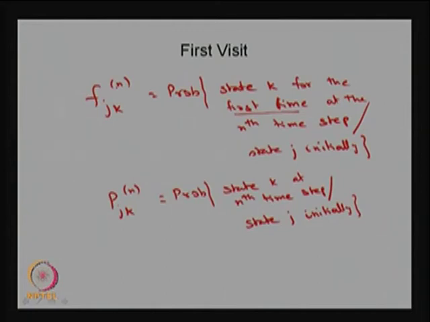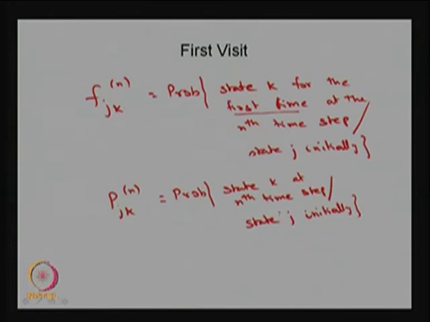Therefore, the f probability is the first-time conditional probability, and the p probability is not necessarily the first time. I can relate the f suffix j comma k with the p suffix j comma k, both are n step transition probabilities, but one is for the first time, the other one is not necessarily.